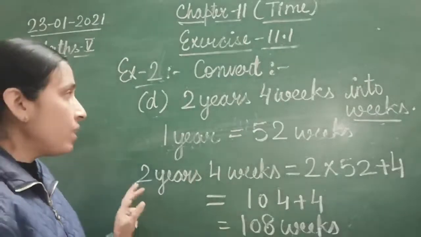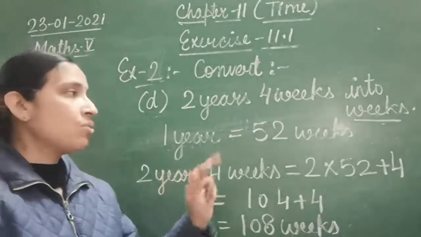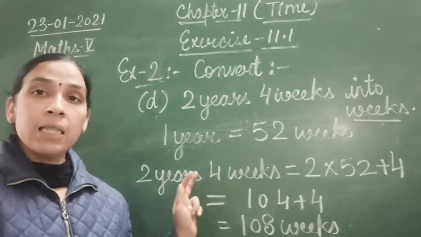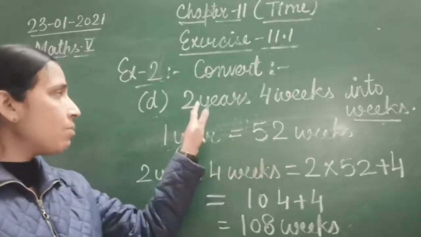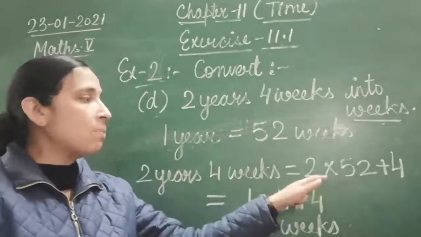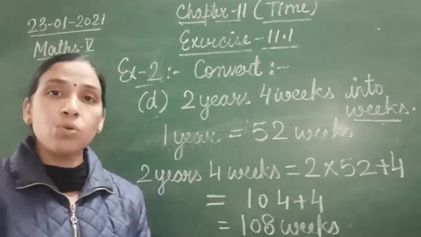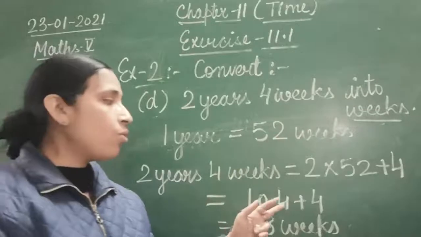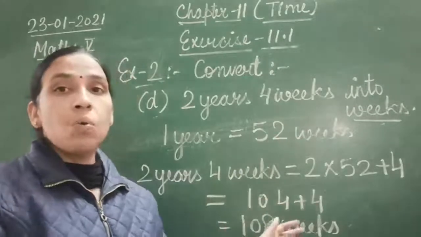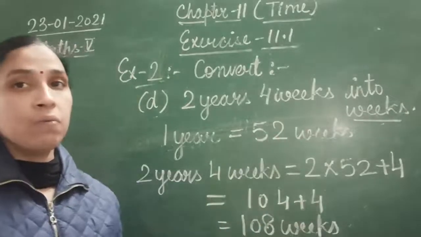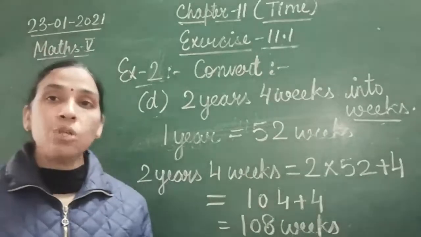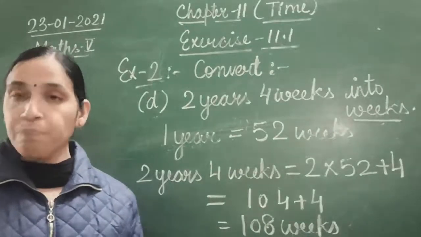So when 1 year is equal to 52 weeks, then that 52 will be multiplied by 2 years, 52 multiplied by 2 plus 4 weeks, which is already given to you. So 104 plus 4, the answer is 108 weeks. So that is your D part of example 2.